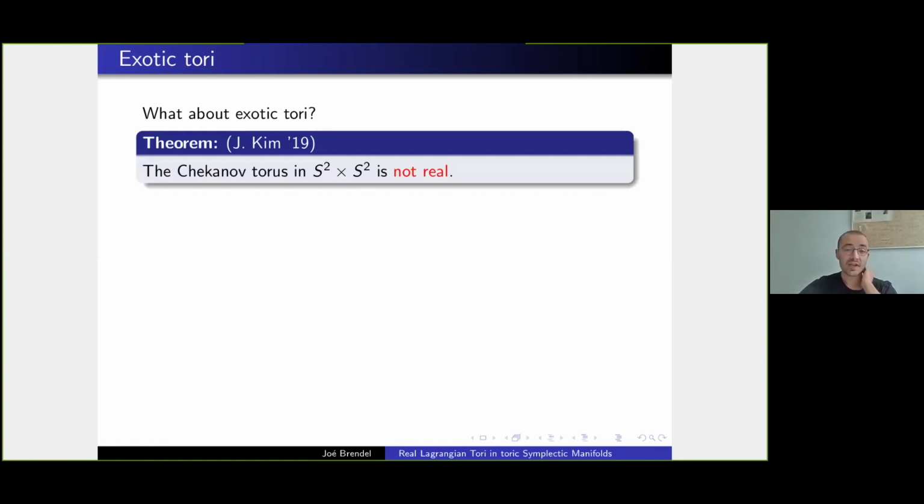The same question could be asked in C2, because this is the first space where the Chekanov torus was constructed. But actually, by the same smooth criterion, it's already excluded in C2, because you don't have enough topology to have a real torus there. So you embed it in S2 cross S2 and you ask the question there. And so it turns out that it's not real.